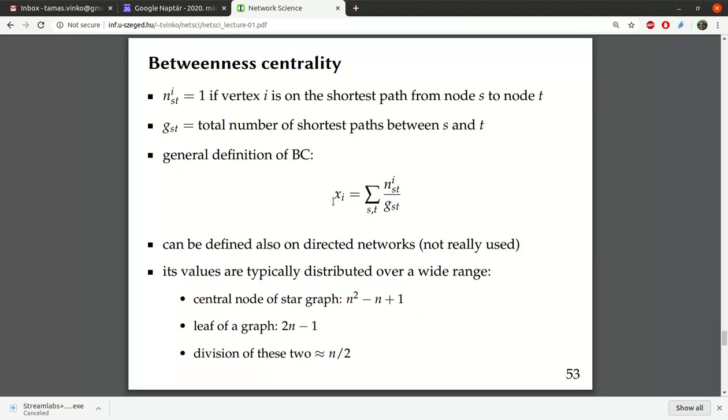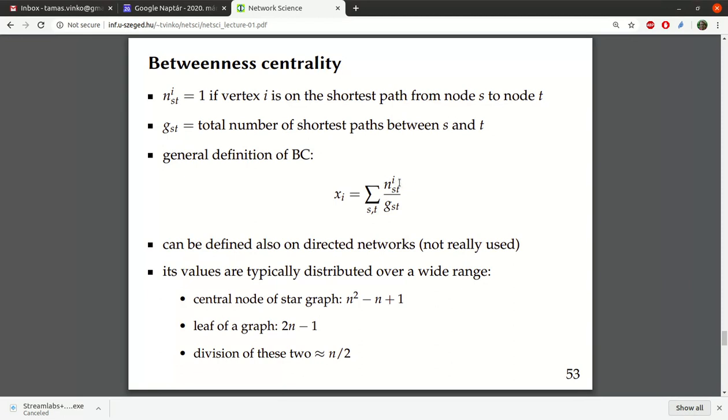Now this is not a very nice formula, I would say, but if you have a look at it, it's going to be a very easy one. So let's start with this one. G_ST is the total number of shortest paths between node S and T. So this counts how many shortest paths exist between two nodes.